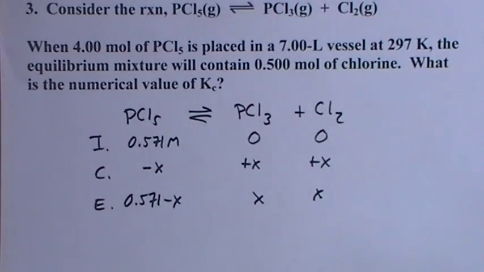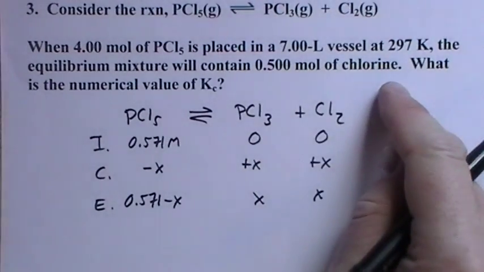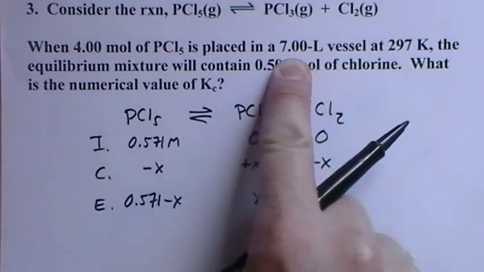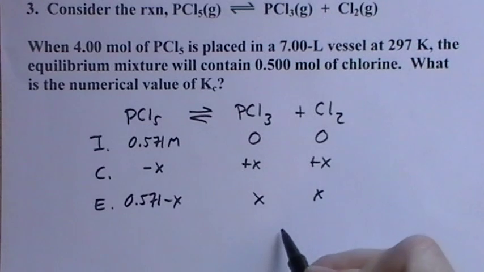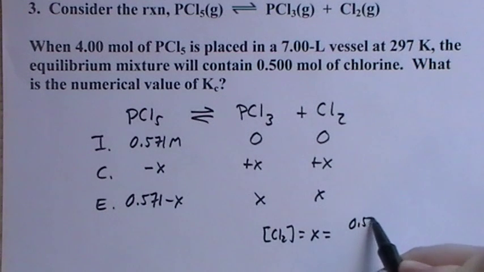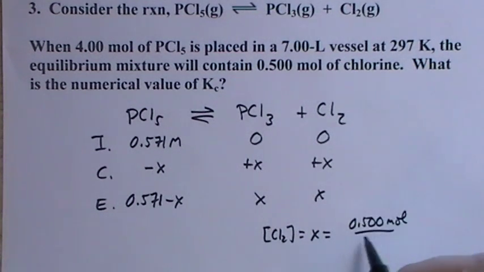Now they tell us that there's 0.5 moles of chlorine at the end. So 0.5 moles divided by 7 will be x. So x here, the concentration of chlorine is x, and that's equal to 0.5 moles divided by 7 liters.